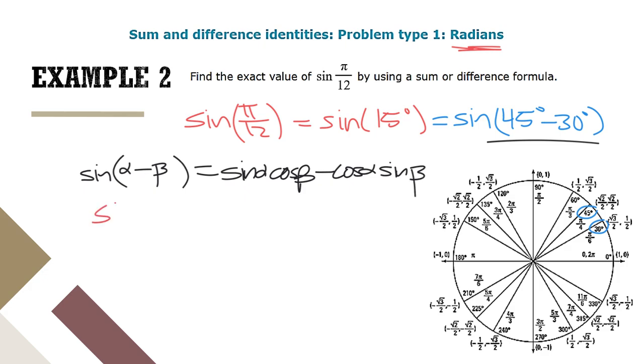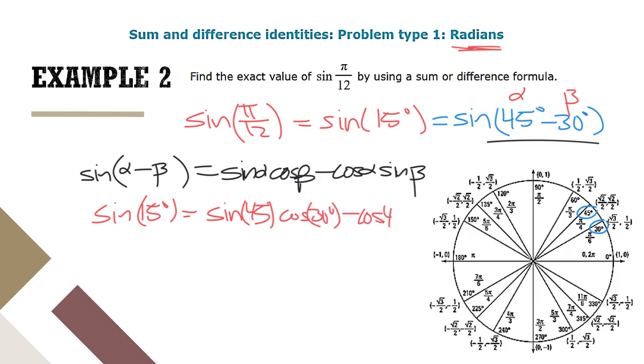So when I do this, sine of 15 degrees is equal to the sine of, we're plugging in our alpha and our beta here, so sine of 45, cosine of 30, minus the cosine of 45 and the sine of 30.